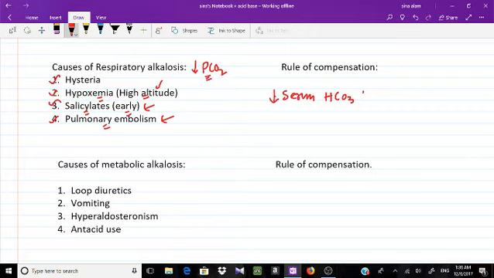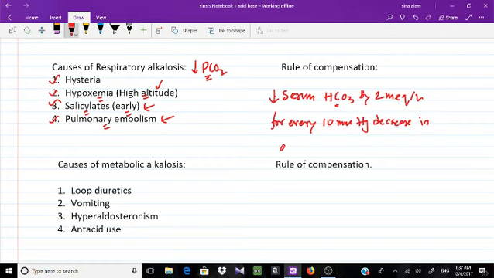Like here is a respiratory alkalosis, you want to do a metabolic acidosis and try to compensate it. So there will be a decrease in serum bicarbonate by 2 milliequivalent per liter for every 10 millimeter of mercury decrease in arterial PCO2.